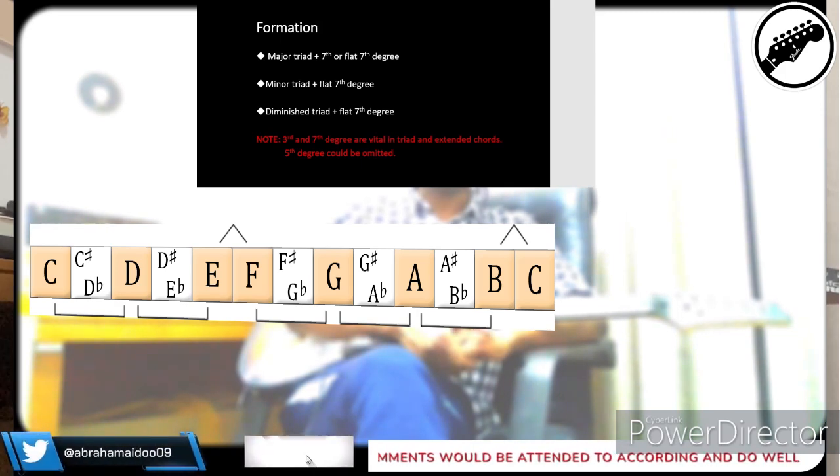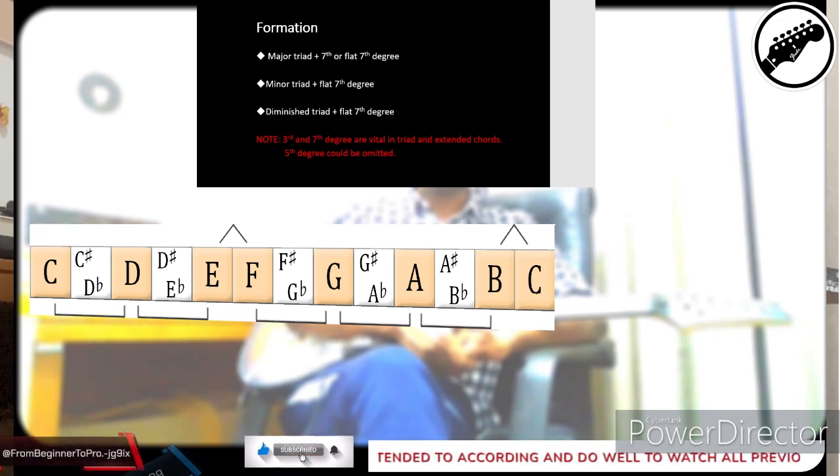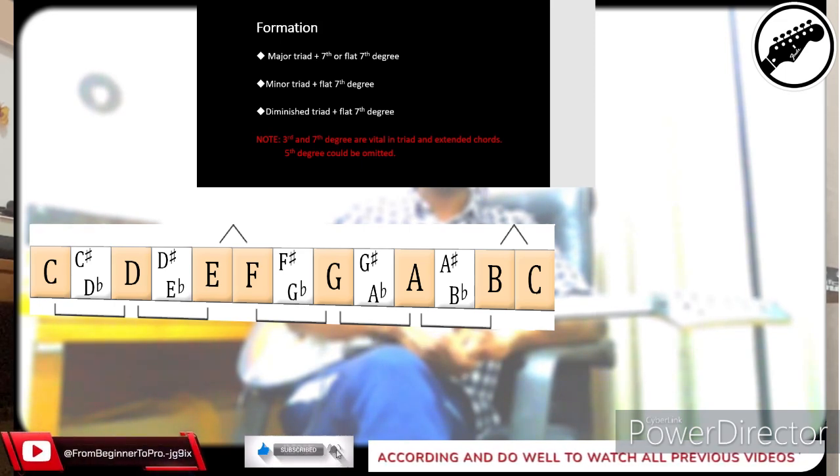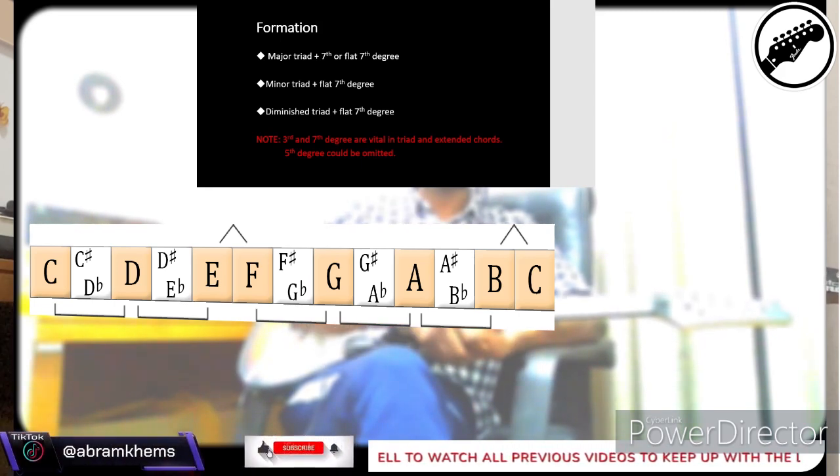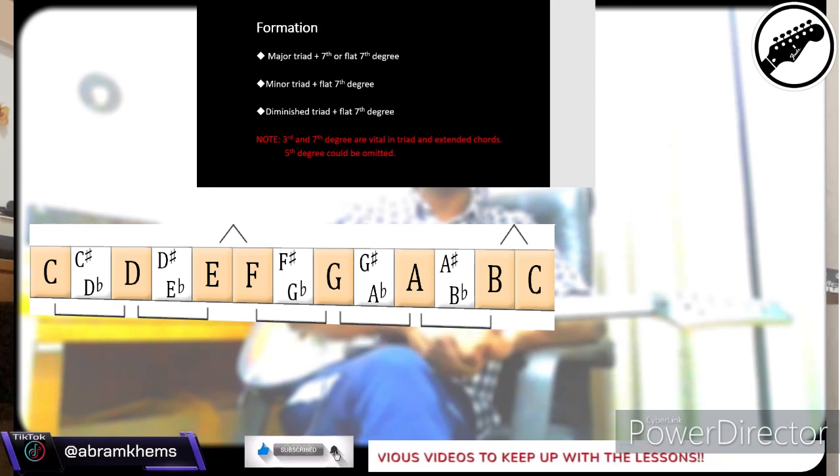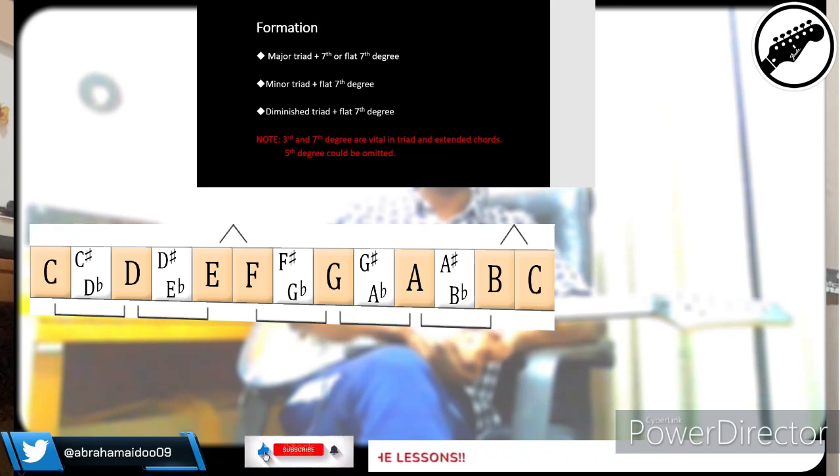And then you can have the minor chord as well. You would need your minor triad, and then for the minor ones they will always take a minor 7th degree. Okay, you always take a minor 7th degree. So you're going to have a minor 7th.